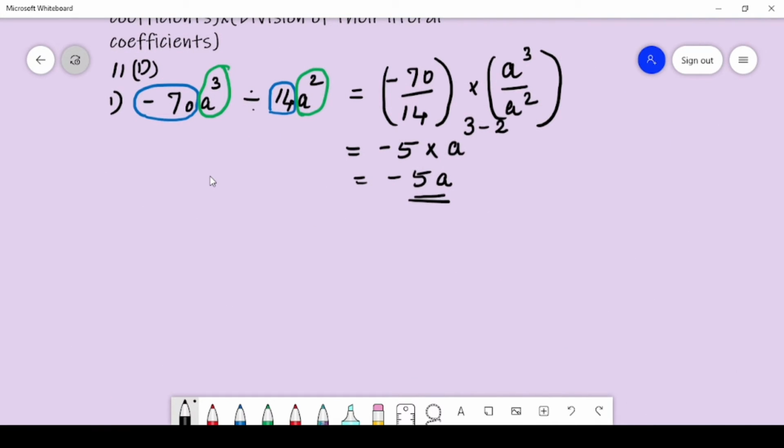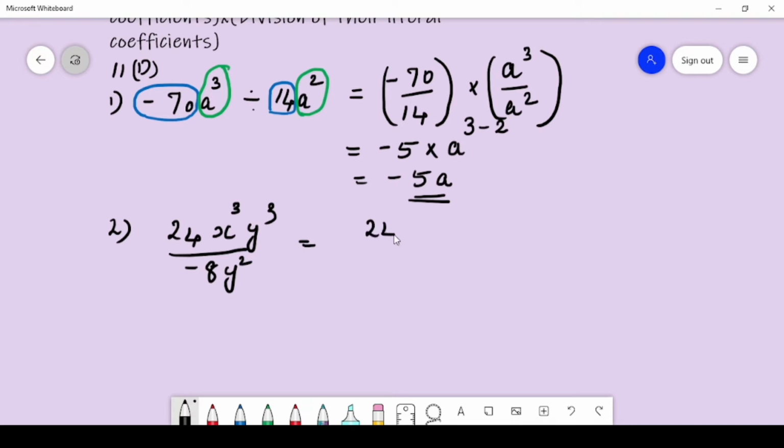So what is the second question? The second question is given as 24 x cube y cube divided by minus 8 y square. First, we have to divide the numerical coefficients, isn't it?